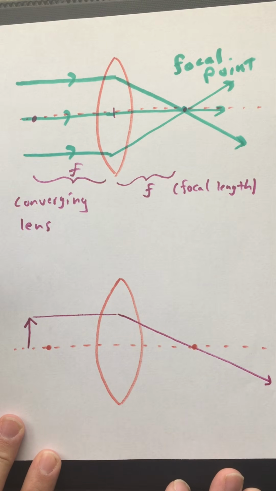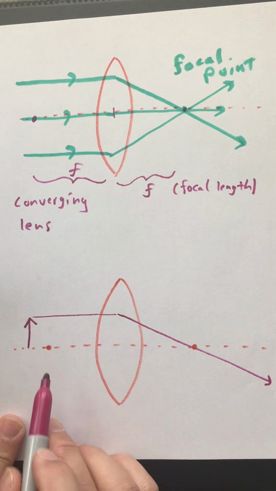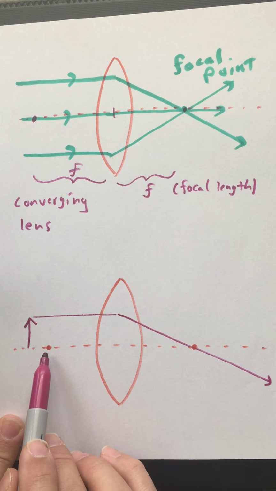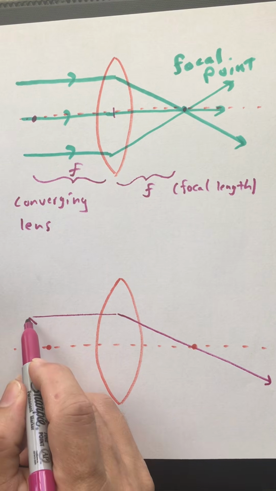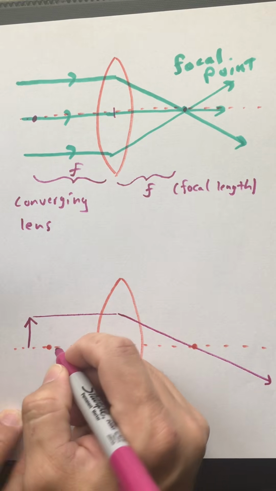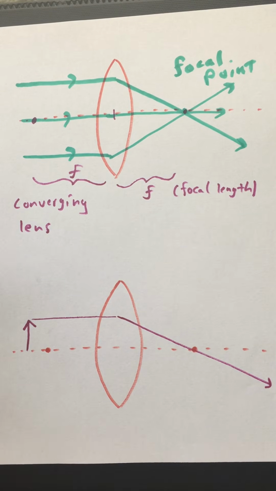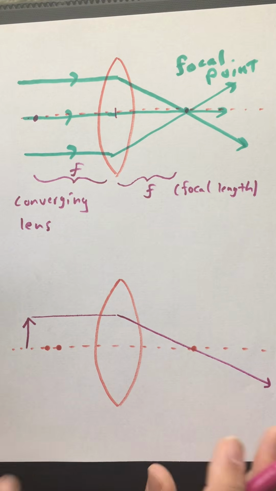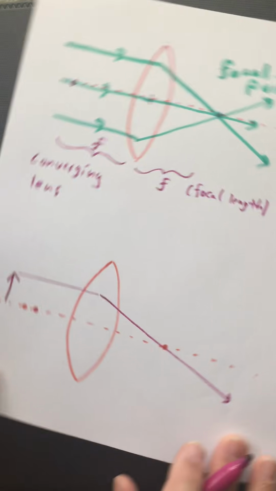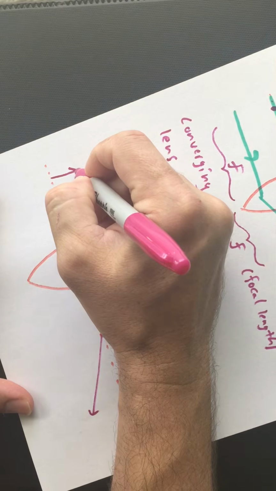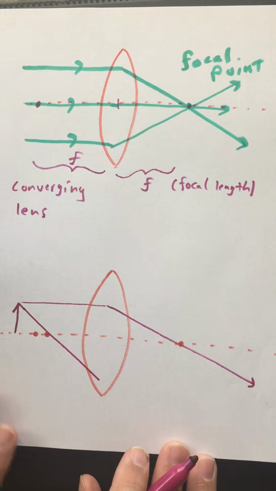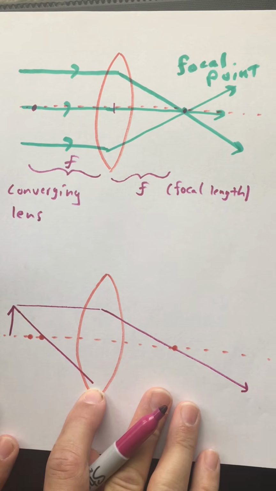Okay, fair enough. Well, what happens to light that enters the lens through this focal point? Right, so there's a ray that's propagating through this focal point. I'm going to move this focal point over a little bit. I've drawn it a little close, so I'm going to move it there, just for the good graphics. So light's going to pass through the focal point and enter the lens here.